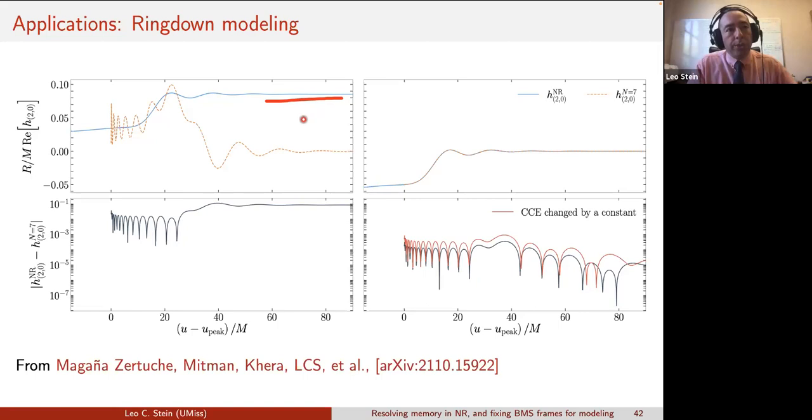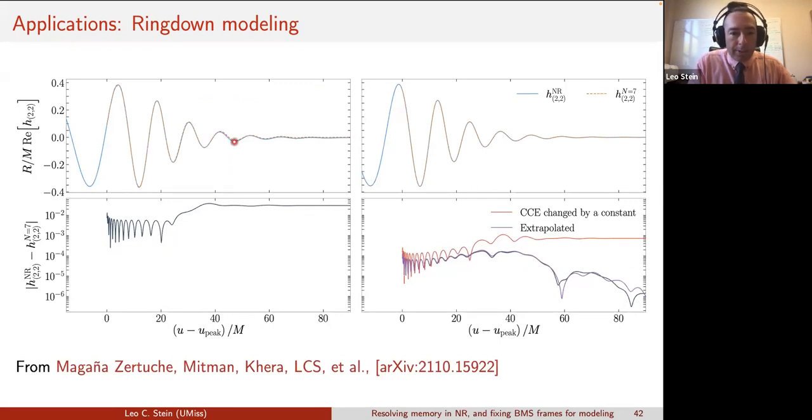So instead, you should apply a BMS transformation to get yourself into the frame where the strain actually does go to 0 at very late times. And these are clearly different frames. So if you're doing ringdown modeling with waveforms that somebody gives you, and they don't tell you what BMS frame they're in, then you're doing it wrong.